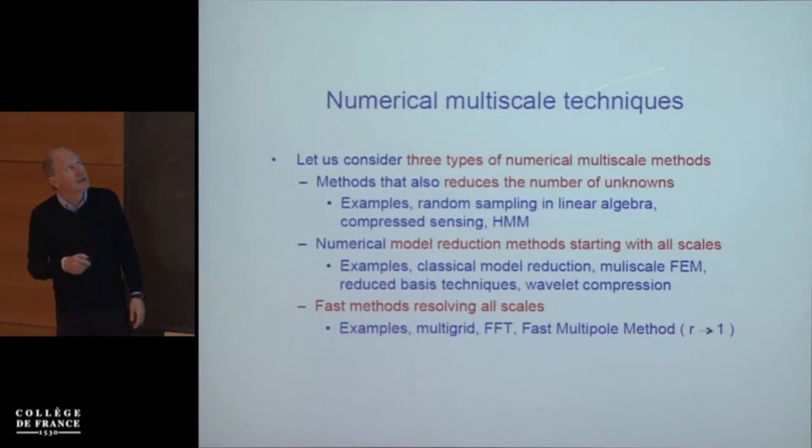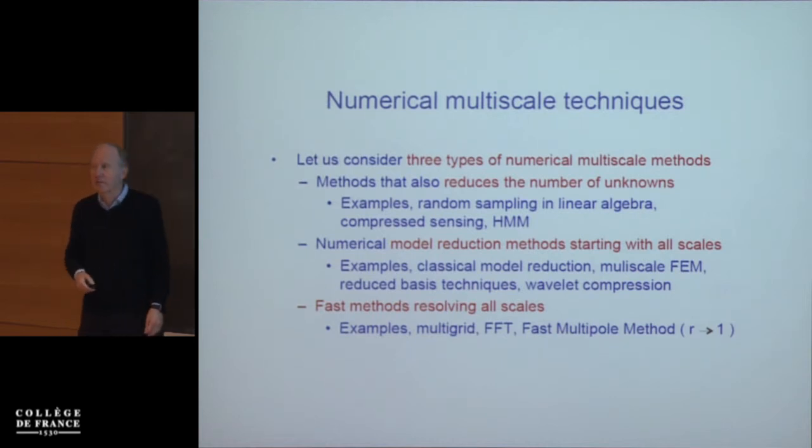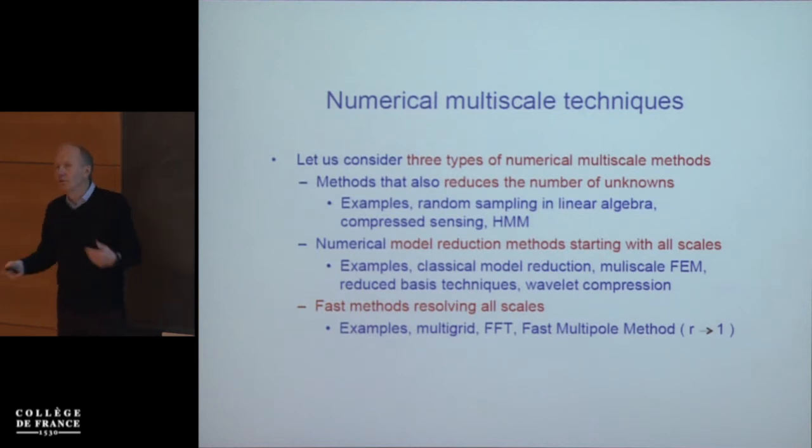One is where we try to use some feature in the problem in order not to need to follow the sampling of Shannon, because we have a shortcut somewhere, and that's what we'll deal with today. The other one is where you have a representation in detail, and you want to repeat it over and over again, so then you try to reduce the problem in some way.